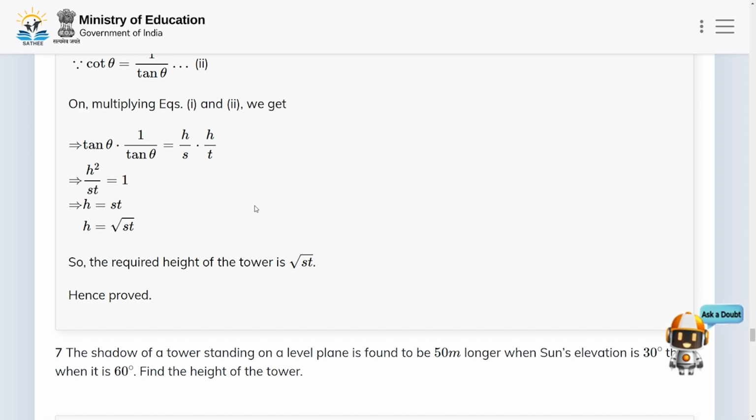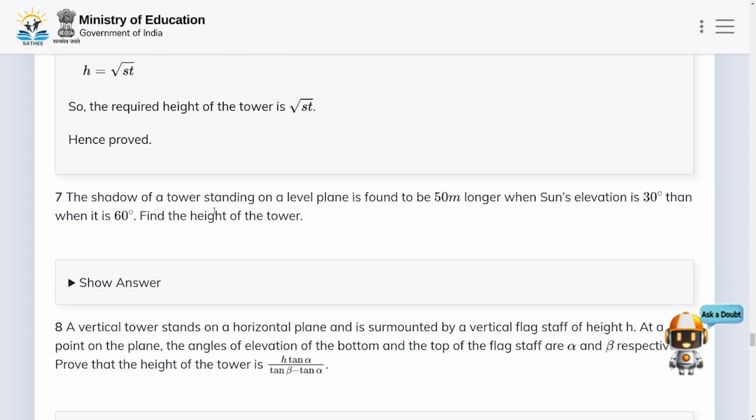It implies h square by st is equal to 1. So it implies h equals square root of st. So the required height of the tower is square root of st.